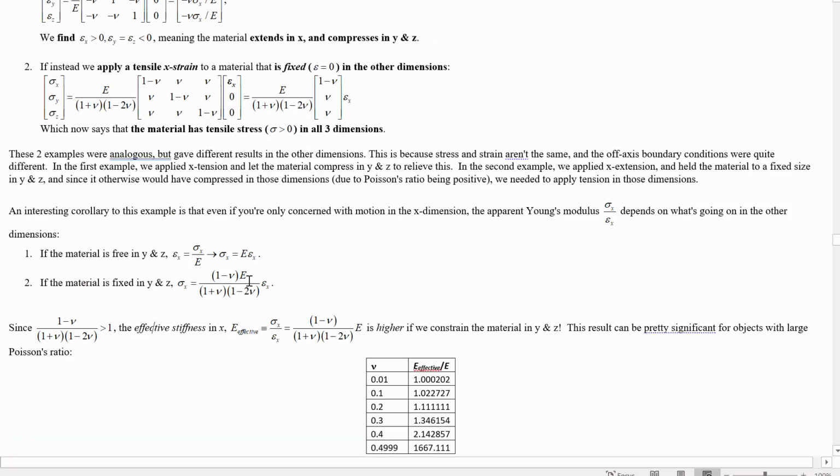But the effective stiffness, if it's fixed in the other two dimensions, is E times this thing. And this thing is higher than 1. If nu is 0.01, it's basically 1. It doesn't make much of a difference. So something like cork, you'll have basically just the same Young's modulus as your effective stiffness, even if you fix it in the other dimensions.